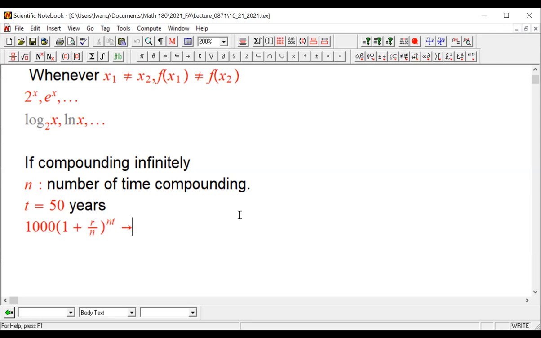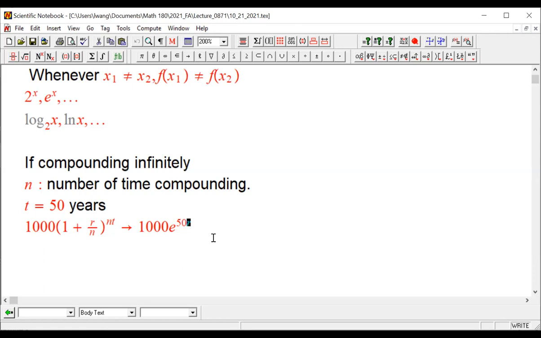Because I don't want to give you the wrong formula. Is there another formula for continuous? It's going to be e to the power of rt? P times e to the power of rt, is that correct? Correct. $1,000, if you put it there for 50 years, your $1,000 is going to turn into whatever rate you choose.